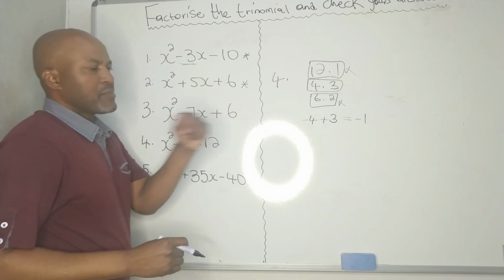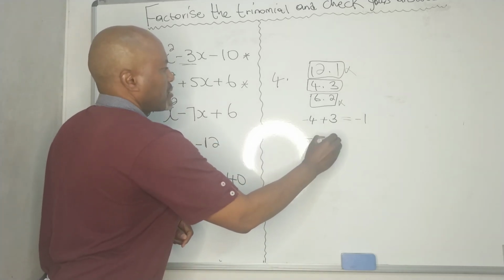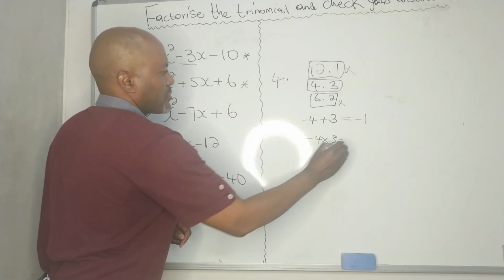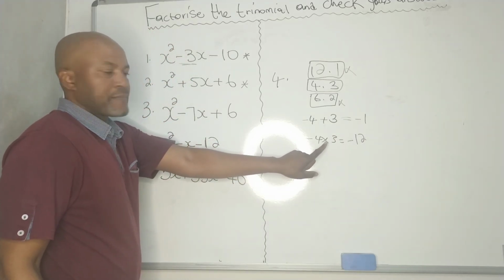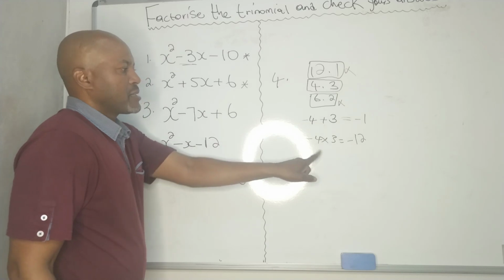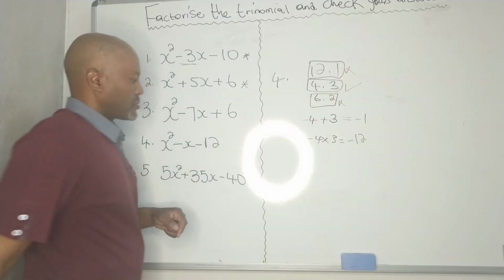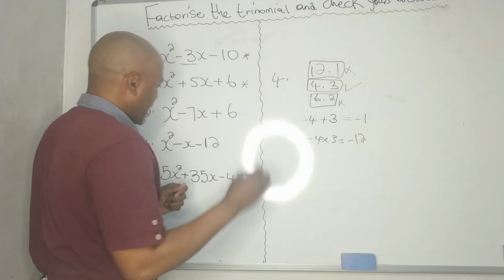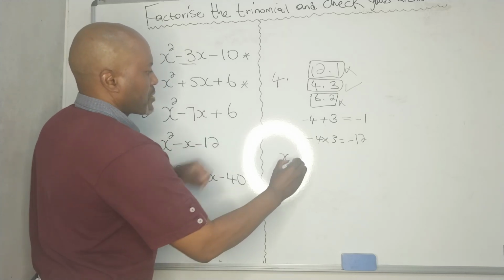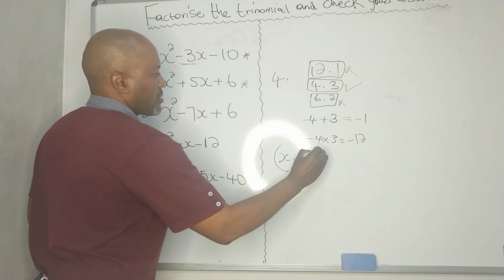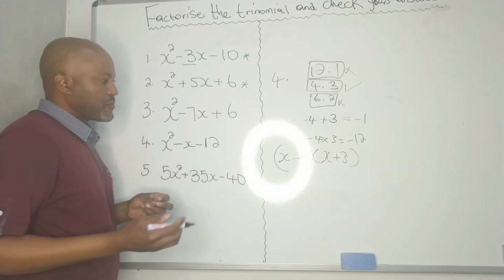Then what about if I multiply them? Negative 4 by 3. Obviously I'm going to get negative 12, because the signs are not the same, I take a negative. So this is correct. Then the factors are x minus 4, x plus 3.